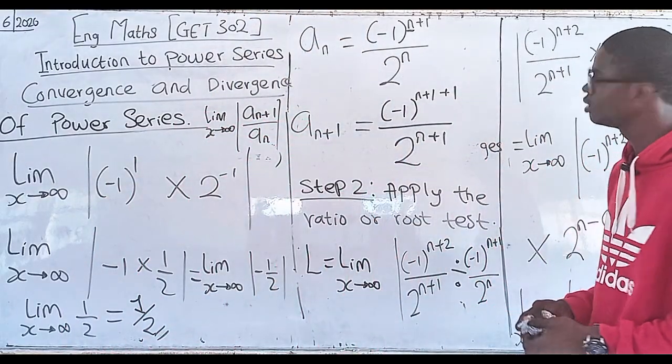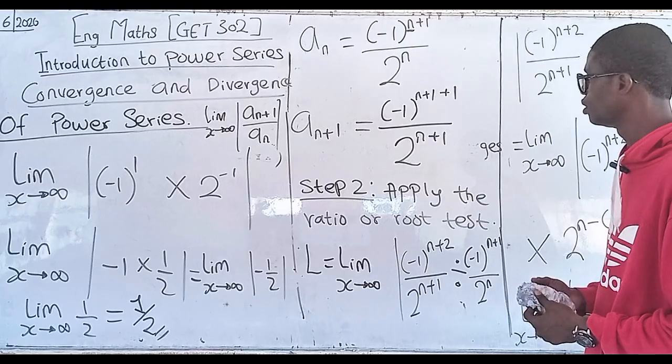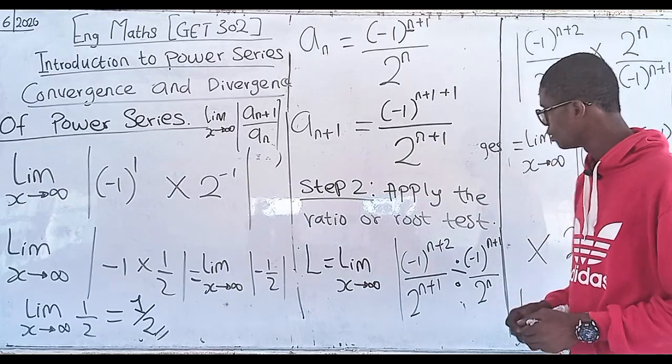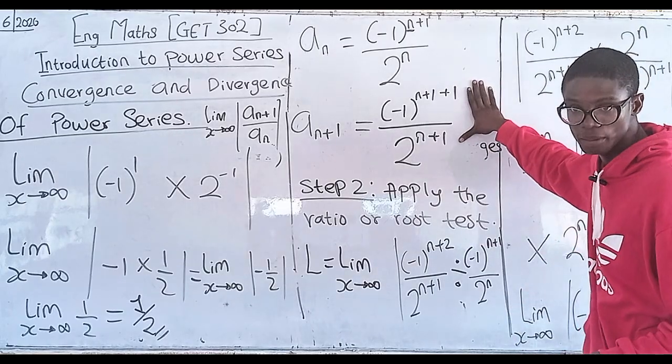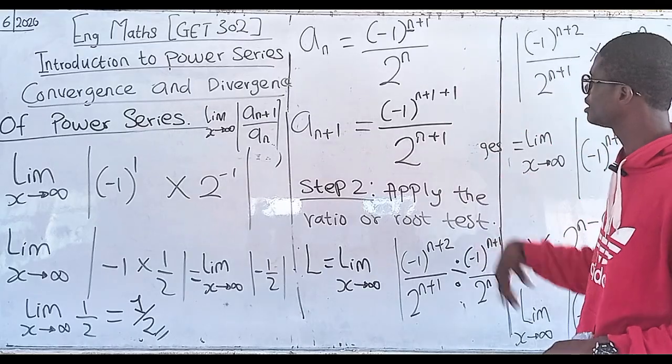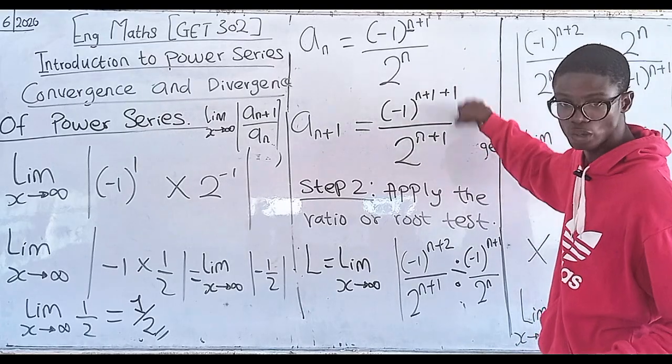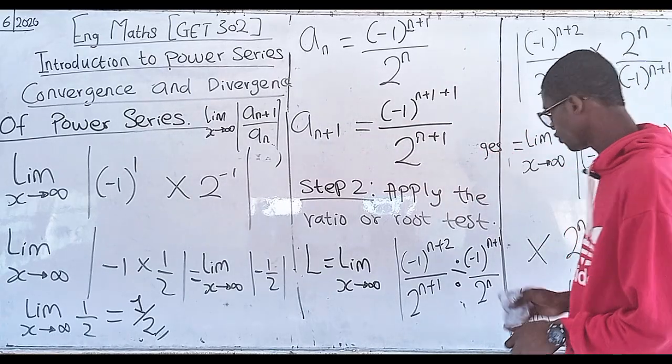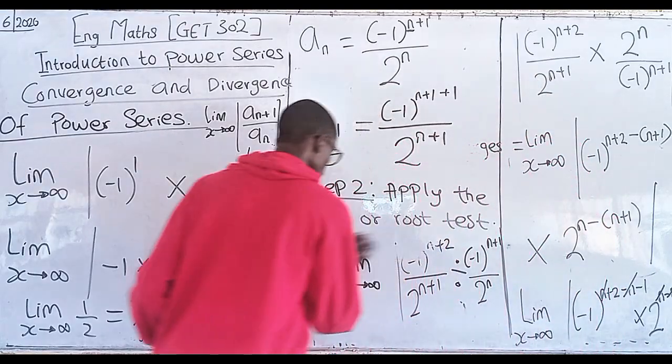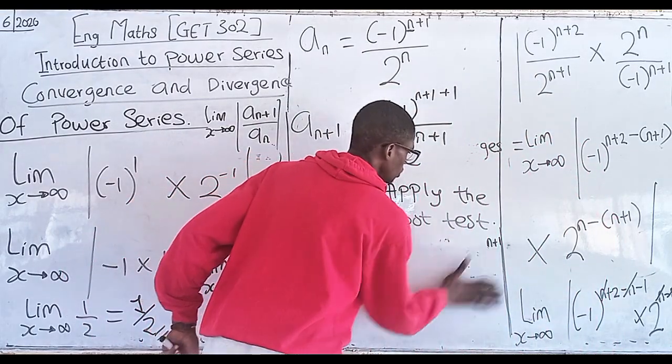So now, taking this same question using your root test. Hope you know it will still end up here, right? But the thing is that we don't even need this, if we are applying our root test from this place.